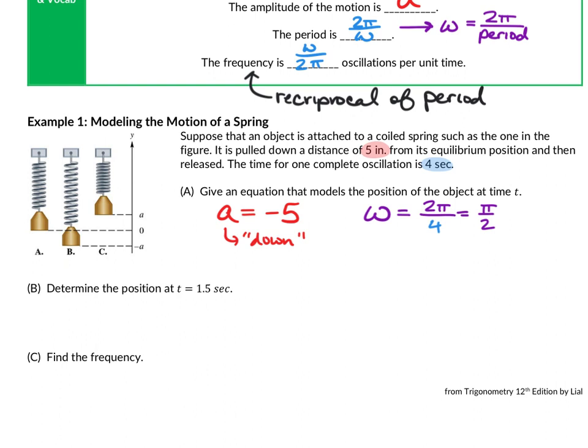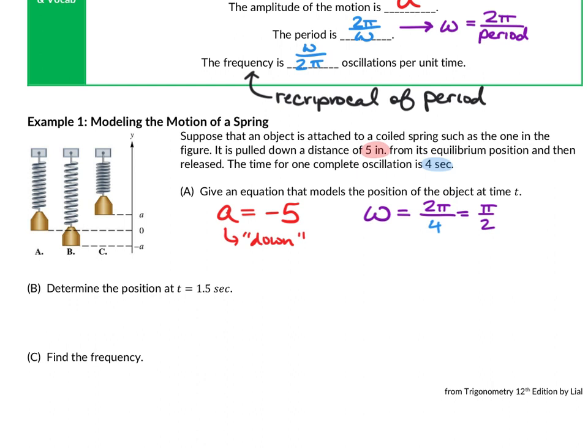So now we just need to put these two numbers, the A and the omega, in the correct formula. Our options are to use sine or to use cosine. So let's think about this in terms of what's happening. If this were a graph, and I took the spring and I pulled it down and started a stopwatch right when I let go, would I be modeling cosine or would I be modeling sine?